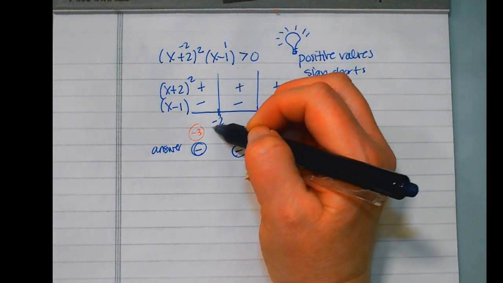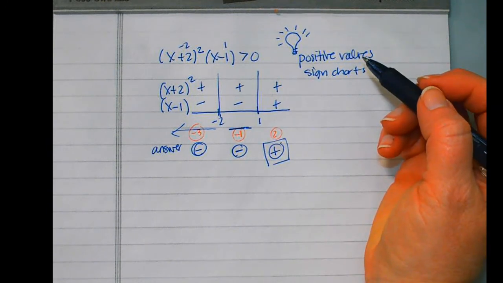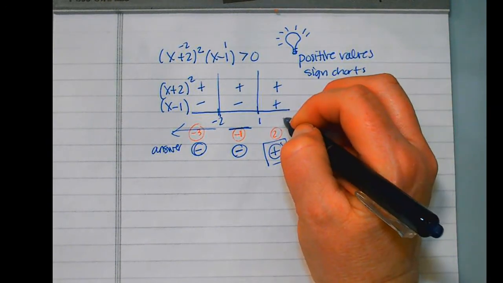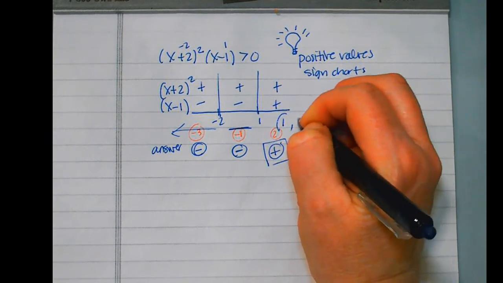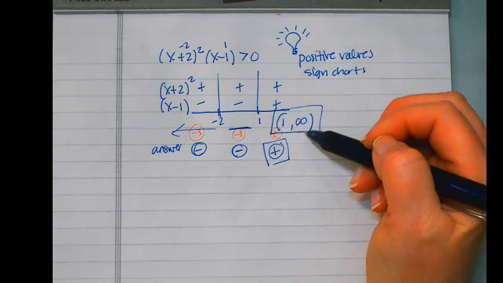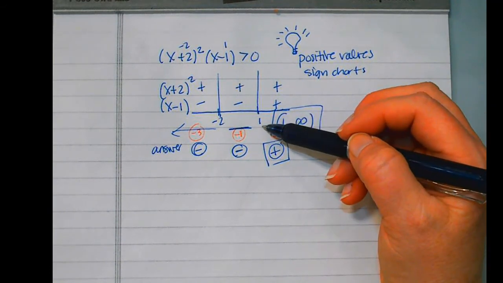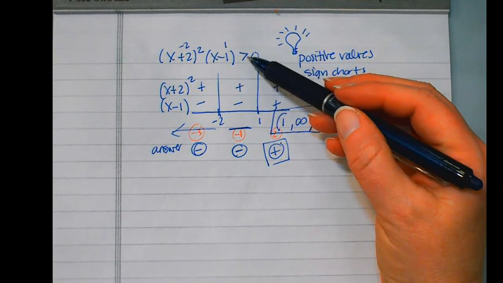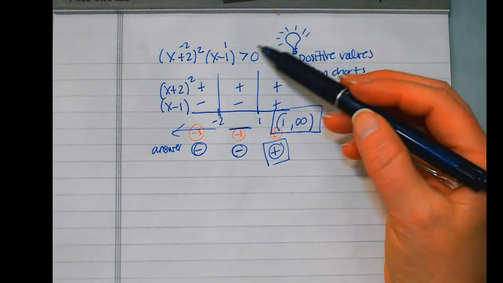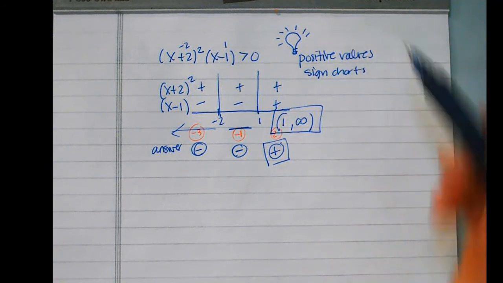This is the number in between negative 2 and 1. I need the interval from 1 to infinity, and that's my answer. That's this section. I cannot include 1 though, because at 1 it's a 0, and this doesn't say equal to 0. It says it must be greater than 0. So I draw that parenthesis there to not include 1.